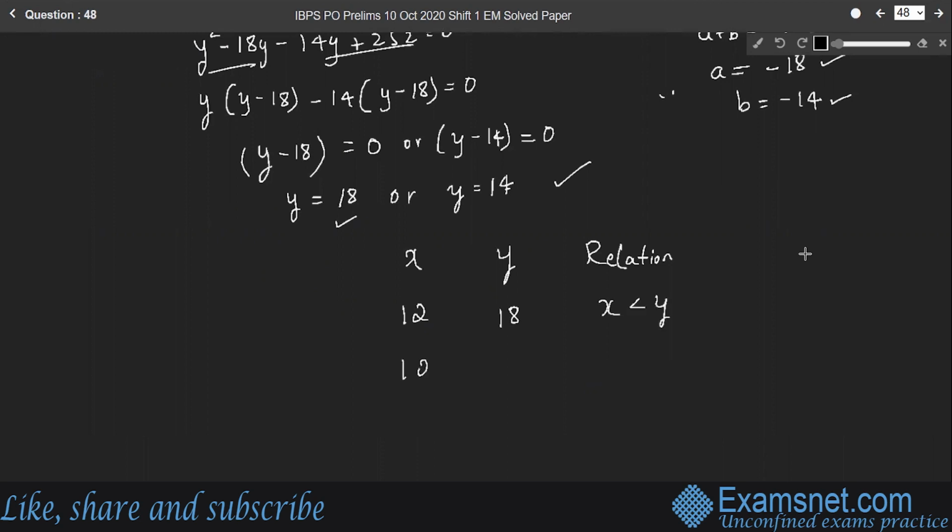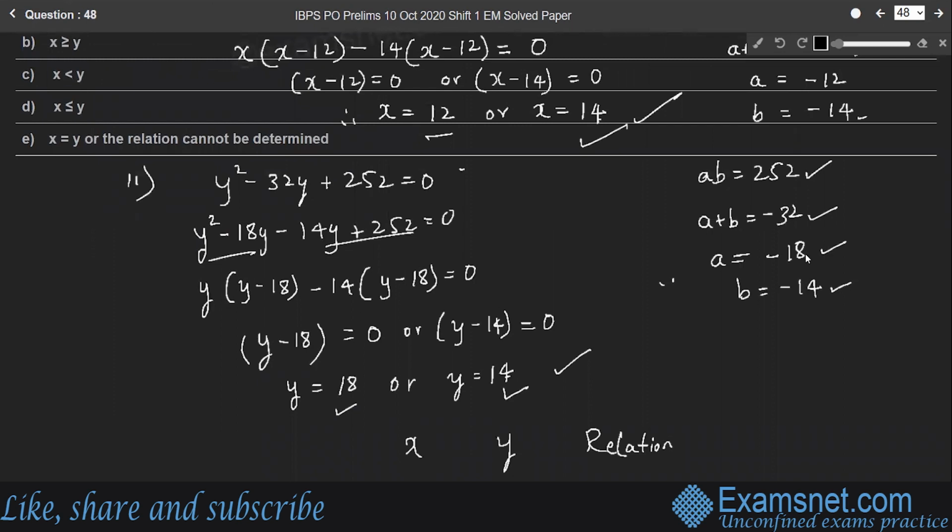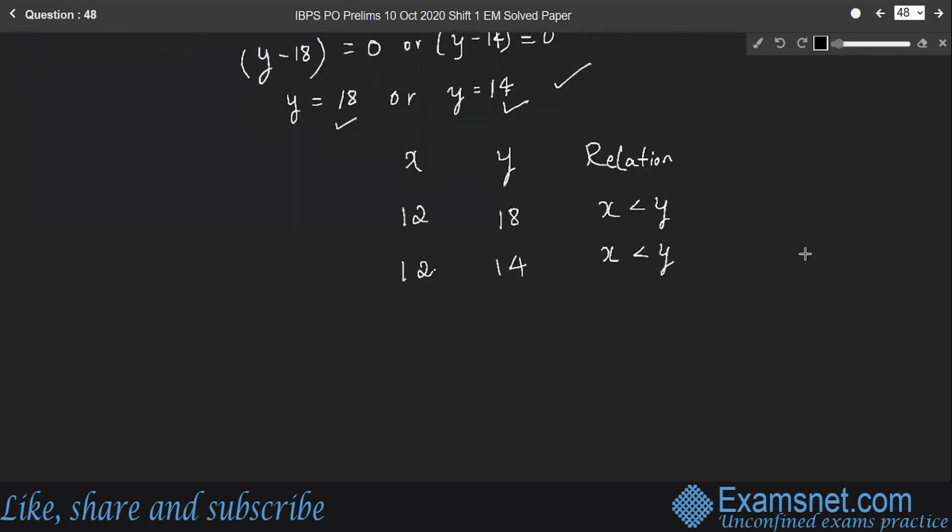If again value of x is 12, y is 14, then also x is less than y. When x is 14, y is 18, here x is less than y. If x is 14, y is also 14. So x is equal to y.